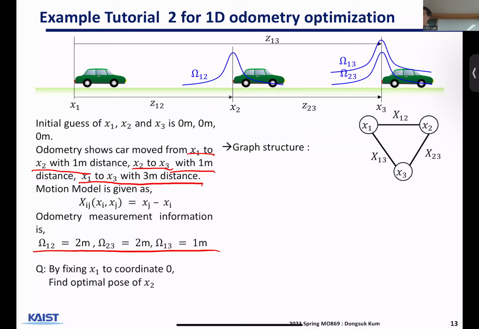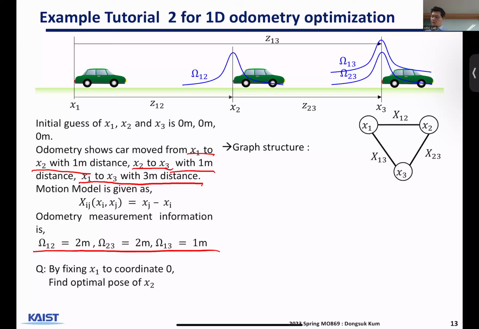So we can put more weight on omega 1,3 compared to omega 1,2 or omega 2,3. Does that make sense? So maybe omega 1,3 was obtained by a more accurate sensor or measurements, or scan matching or whatever. So it's more reliable, more accurate.